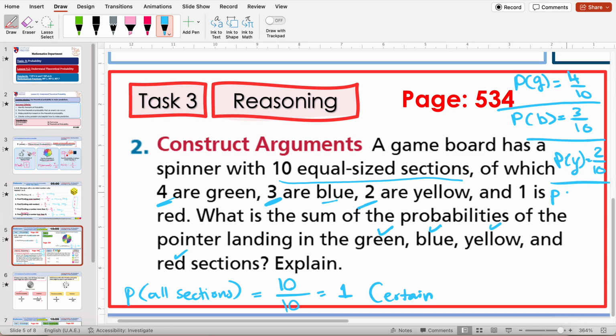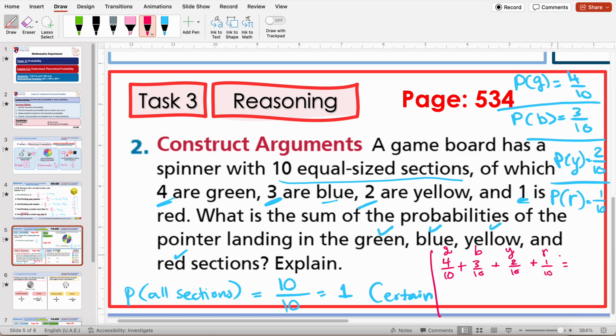And lastly, probability of landing on red is 1 out of 10. And then you can combine all of these probabilities. 4 out of 10, this is green, plus blue, 3 out of 10, plus yellow, 2 out of 10, plus red, 1 out of 10.